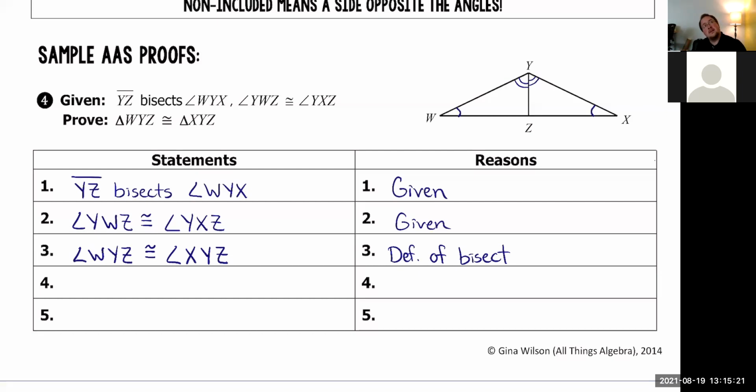What do you see? Now think, in order to not be included, I don't want to talk about this side and this side because those are included. So either we're talking about this side of both triangles or these sides of both triangles.